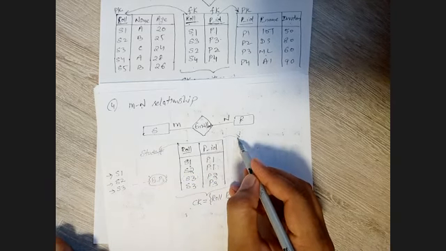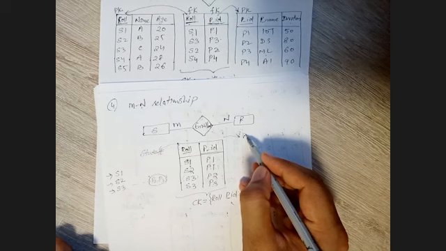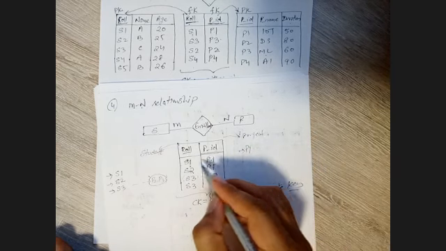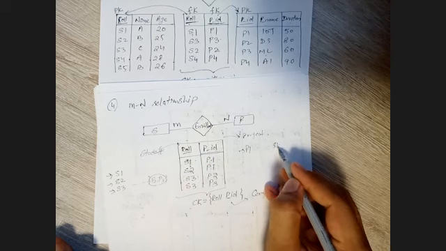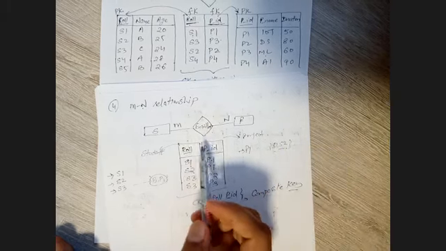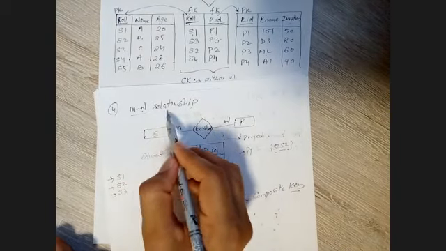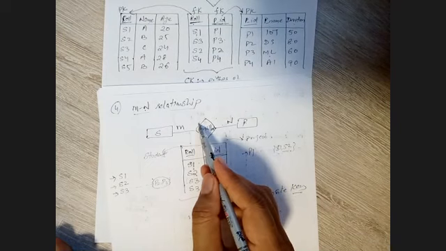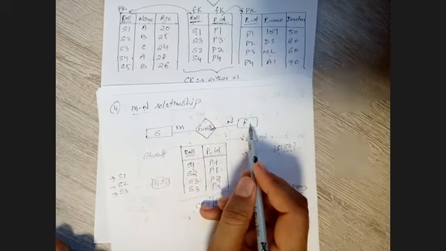If we try to merge in the same way with the project, we can see that in the project P1, we have S1 and S2, and that's not possible. Due to this reason, always remember that in a many-to-many relationship, we cannot merge this enroll table with either of your entity sets.